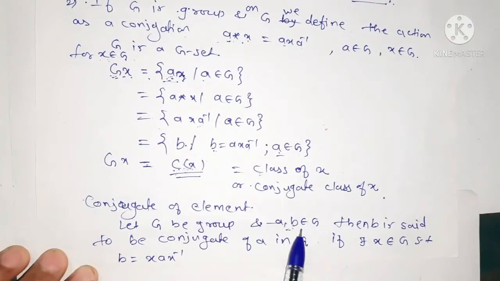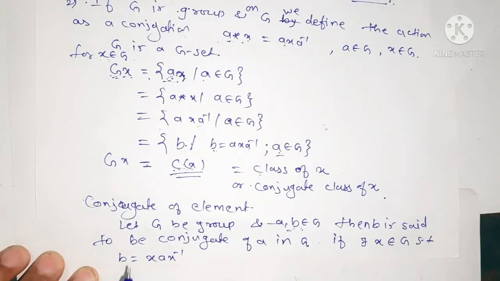That is, for this element B, B is said to be conjugate of A if there exists an element X belongs to G such that B can be written in this form: B is equal to XA X inverse.